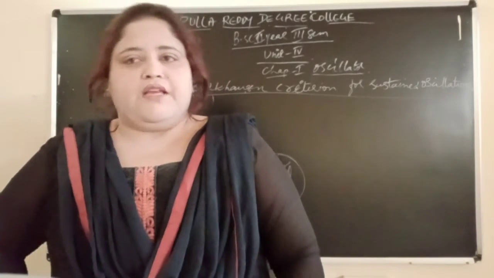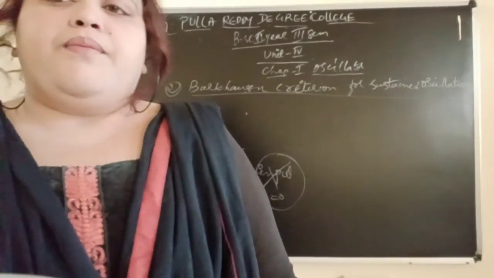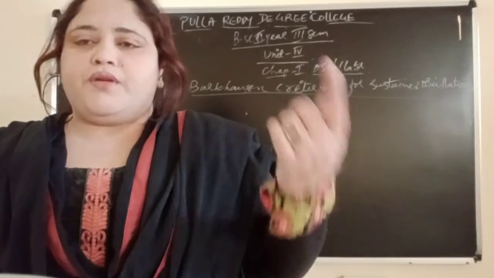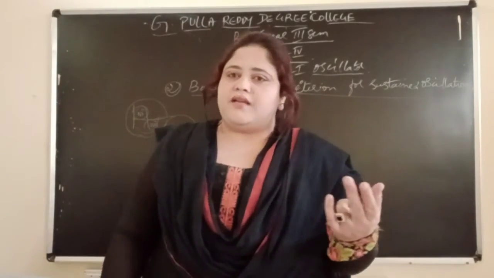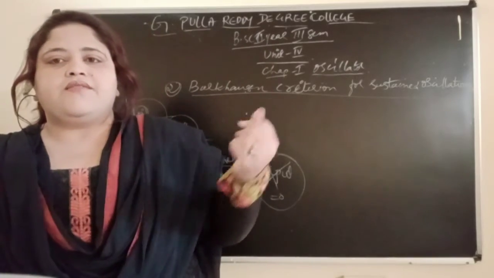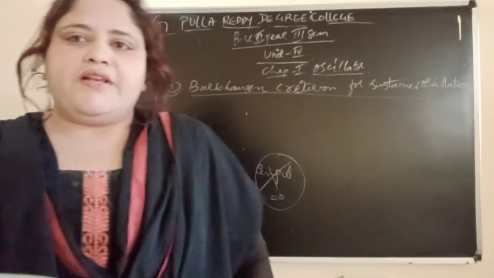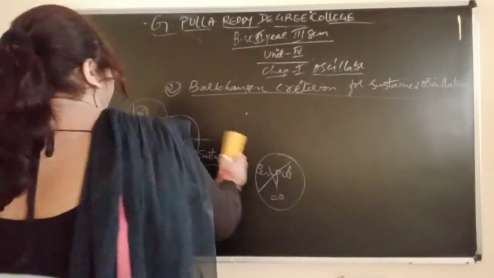When the input is 0. We will get the proof in this Barkhausen criteria that the input is becoming 0 and you will get the sustained oscillation condition, meaning 180 degrees plus 180 degrees. Now we will study about Barkhausen criteria.